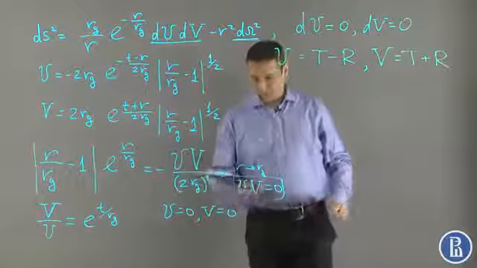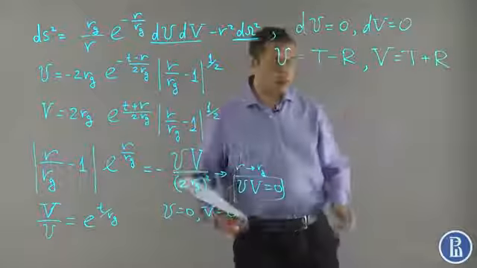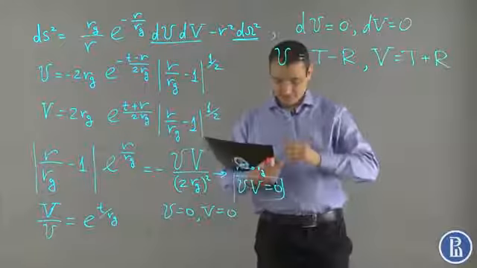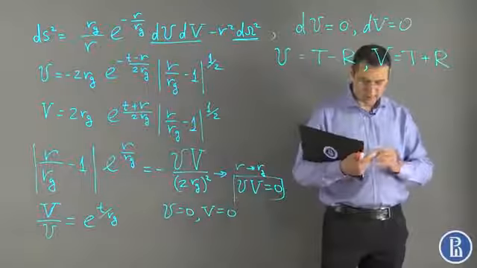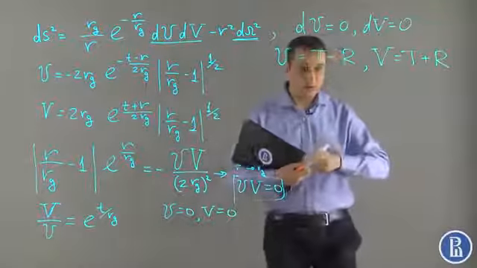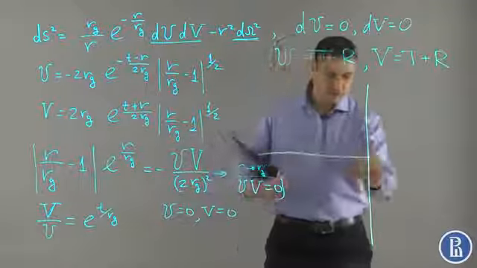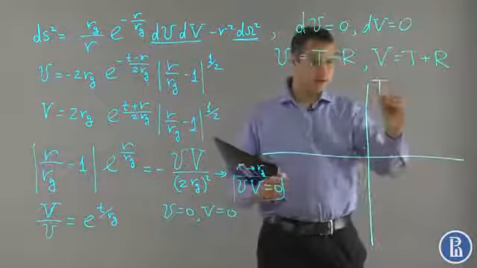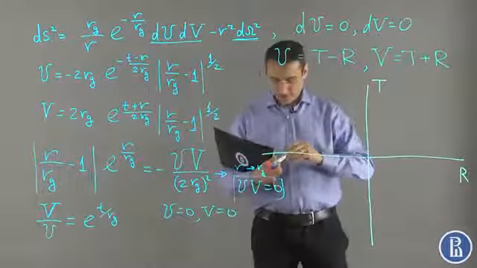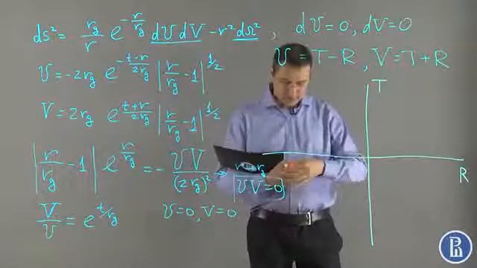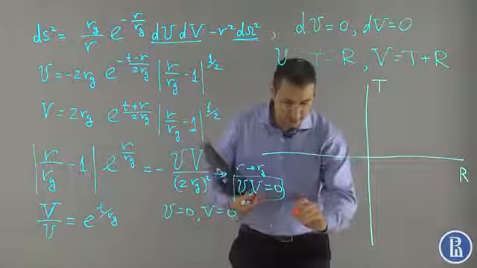And in these new coordinates, t and r, let me draw them. So this is t, this is r.